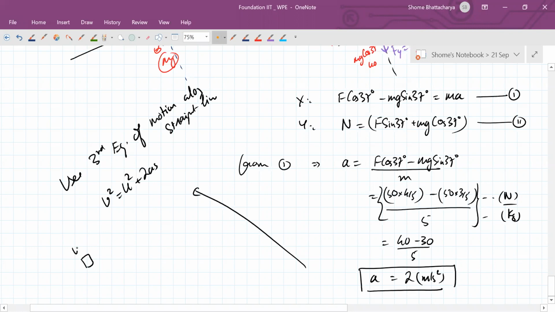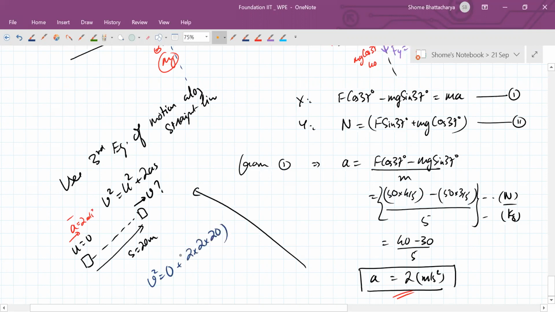So it's starting from rest, and by the time it comes here, your displacement is 20 meters, and you want to find the v. During that motion, we just saw that the acceleration is this value. So you'll get v square is equal to 0 plus 2 into 2 into 20. So v is square root of 80, or 16 into 5, so 4 root 5 meters per second.